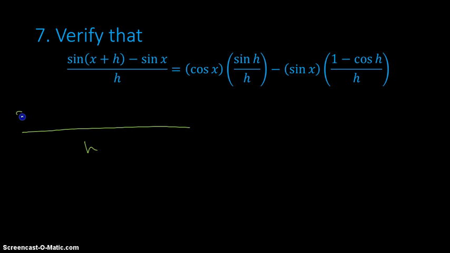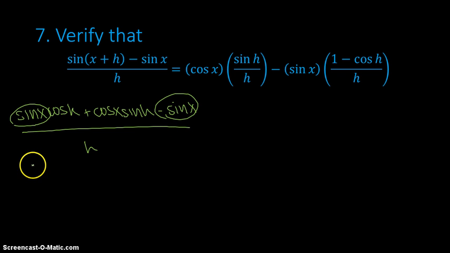Sine of x plus h is going to be sine x cosine h plus cosine x sine h minus sine x. So I'm going to try to put my sine x's together. And actually, just with those two, I'm going to factor that sine x out.